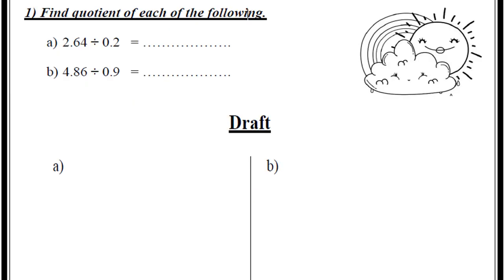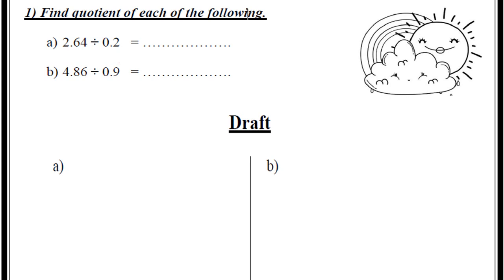Now, let's find the quotient of each of the following. In letter A, we have 2.64 divided by 0.2. Here, as we said before, the dividend can be a decimal number. But can we say divided by 0.2, students? No. Can the divisor be a decimal number? No. So we need to remove the decimal point.